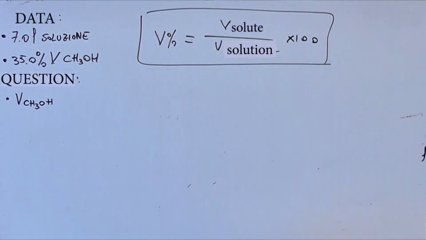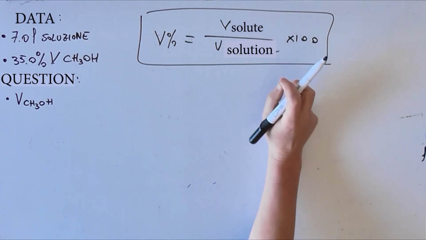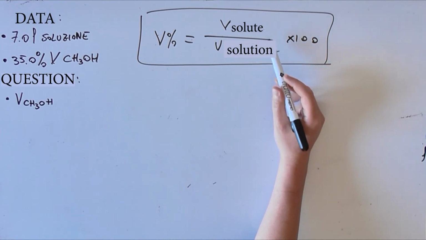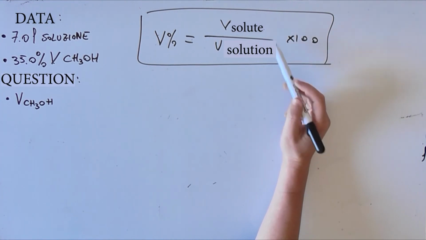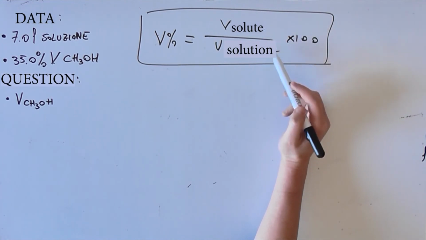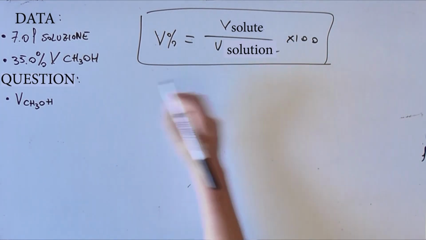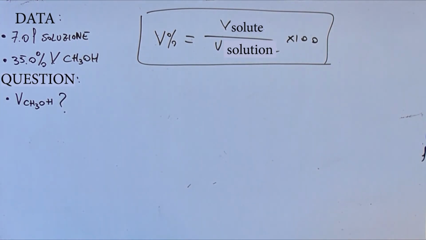We can use both milliliters or liters as units. It's not important because it's a ratio. The important thing is to use milliliters up and milliliters down, or liters up and liters down. We cannot use liters here and milliliters here. It will be wrong.